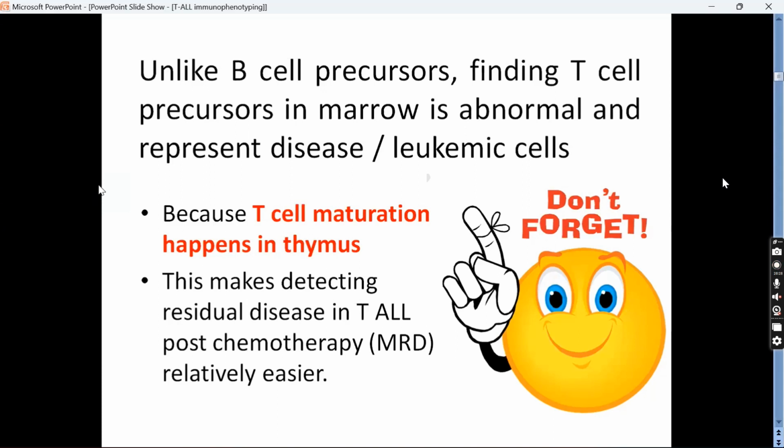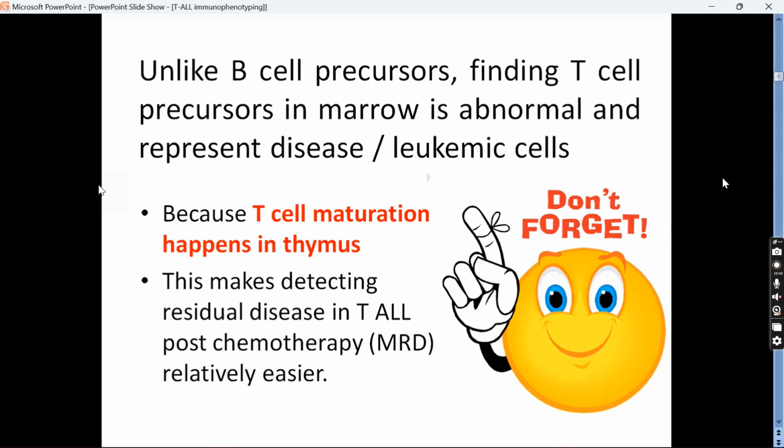But that is not the case with T cells, because normal precursors for T cells are not there in the marrow. They are there only in the thymus. So when you find immature precursors of T cells in the marrow, it is invariably abnormal. It is leukemic.